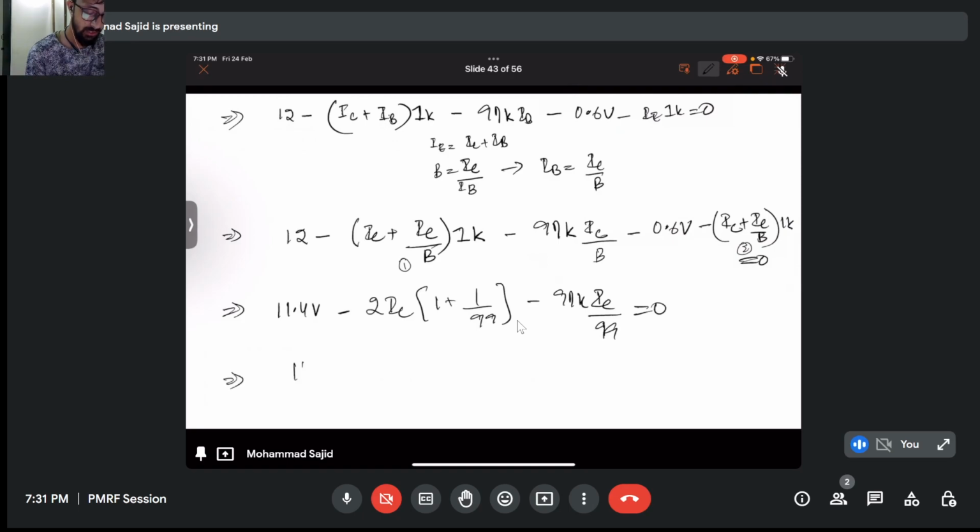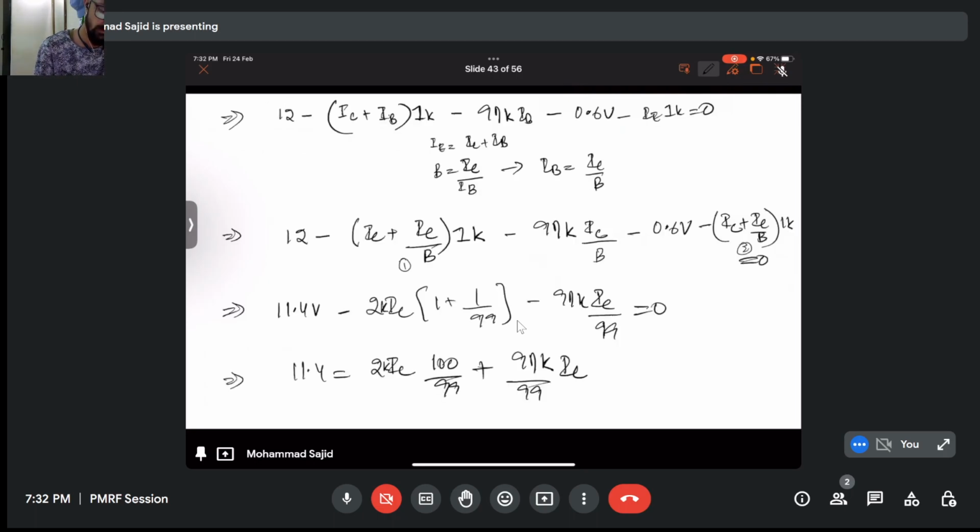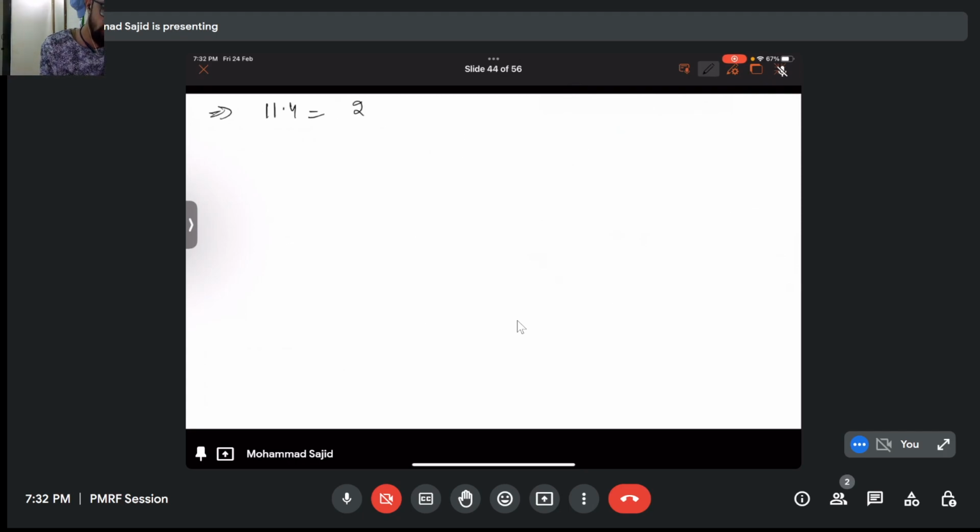This comes up to be 11.4 is equivalent to 2 times IC times 100 by 99 plus 97k, sorry, this is 2k here, by 99 IC. So this is equivalent to 11.4 is equivalent to 200k plus 97k by 99 IC.